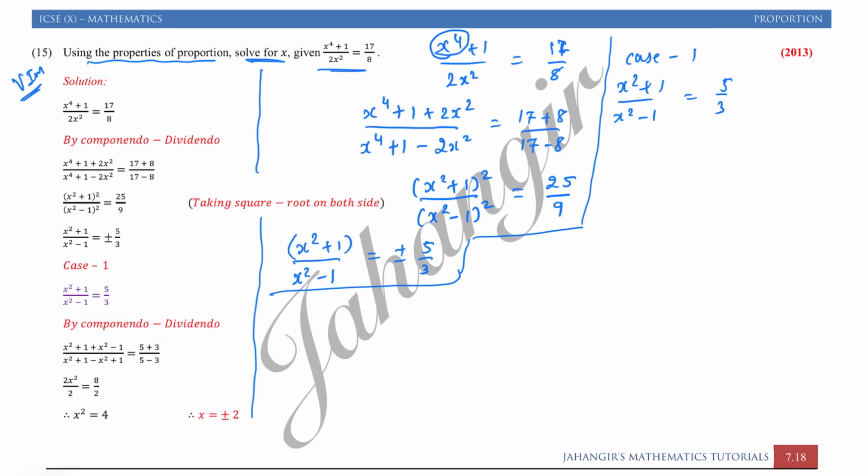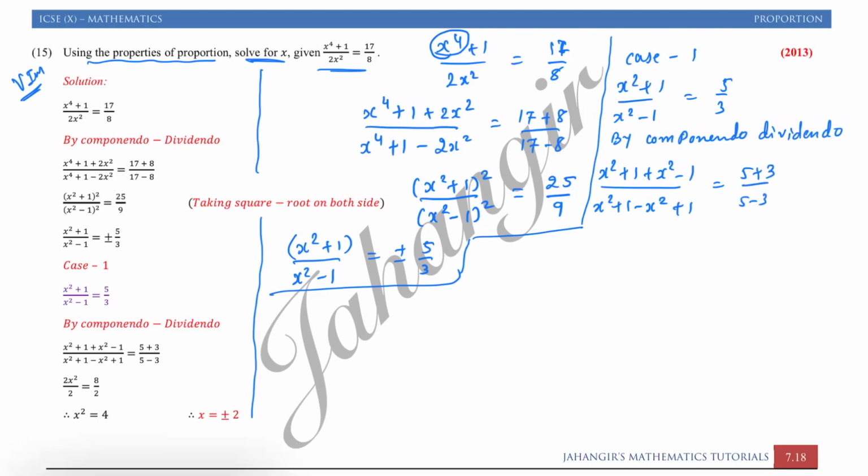So let's see. First we will do componendo dividendo. For the first case, (x^2 + 1 + x^2 - 1)/(x^2 + 1 - x^2 + 1) = (5 + 3)/(5 - 3).